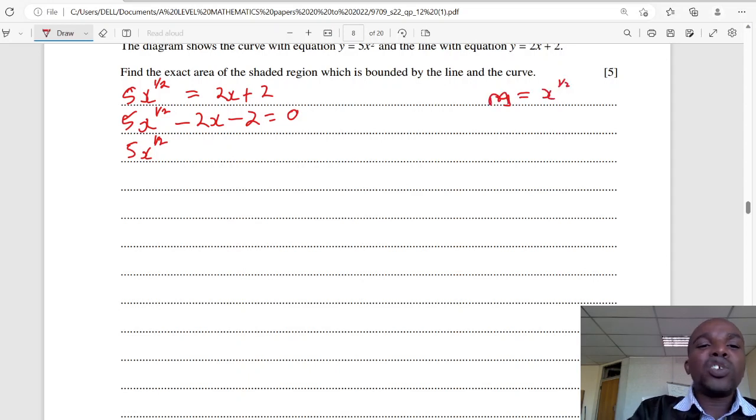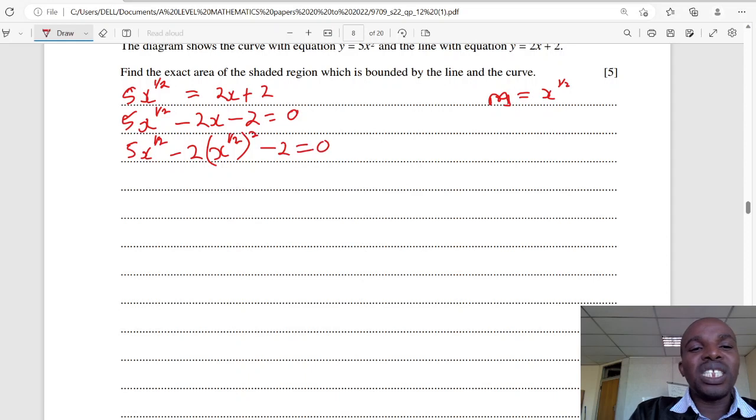But you have to make sure that where there is x in 2x, it must be x to the power half, so it's supposed to be squared. Minus 2 is equal to 0. So let m is equal to x to the power half. It will be 5m minus 2m squared minus 2 is equal to 0. So you've made this item quadratic.